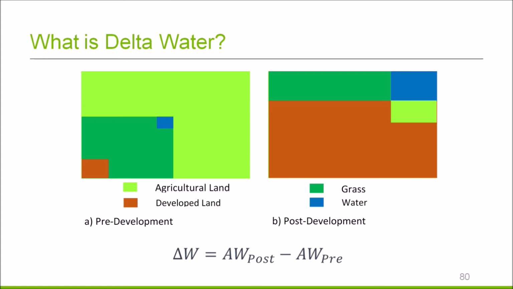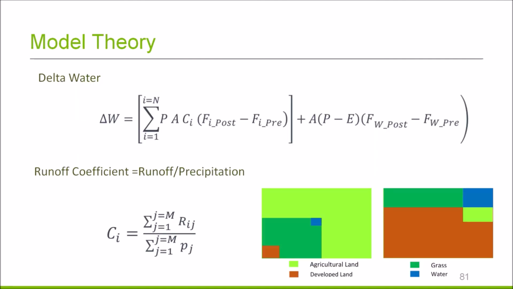Now a big portion of that precipitation is converted into surface runoff because your evaporation or evapotranspiration becomes much less than what it was when it was natural. So if you can estimate the available water in a post-development scenario and in a pre-development scenario, usually the difference is the delta water. So that's what we try to estimate here.